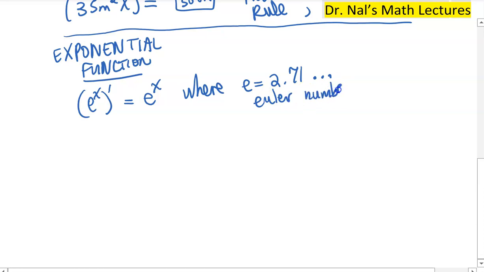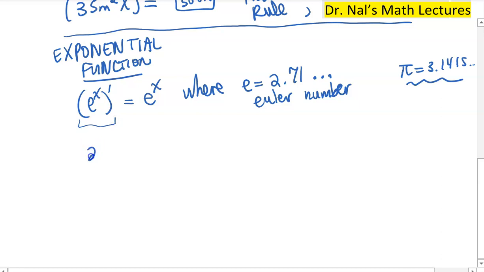It's arguably one of the most important numbers in the whole of math. Another very celebrated number is pi, right? 3.1415 and so on. But just like pi, e is an especially important number, and that's one of the reasons why it's important, because e to the power x is the only function whose derivative is itself.